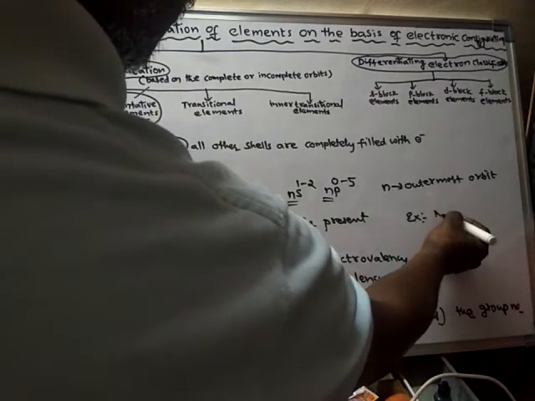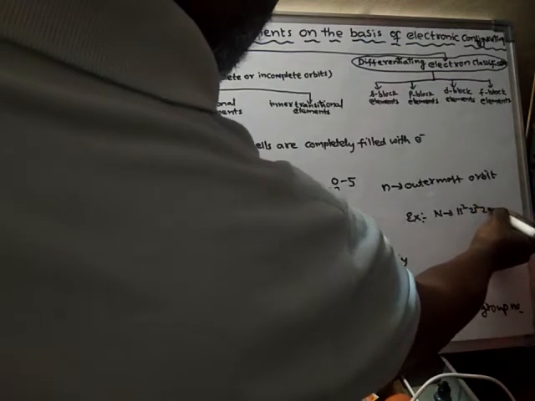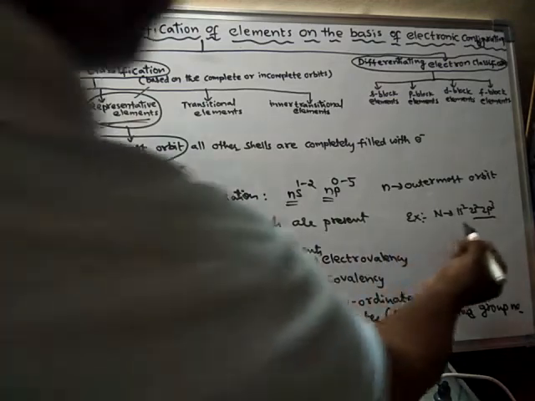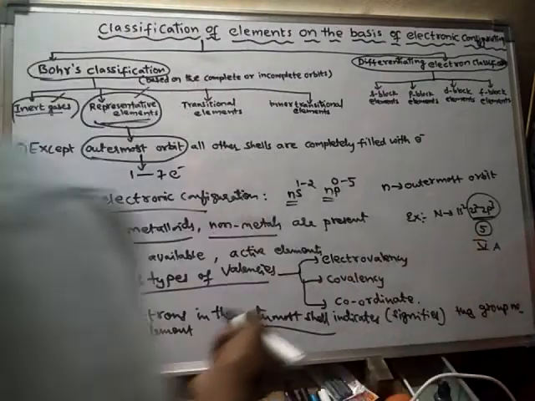Example, take nitrogen. In nitrogen, 1s2, 2s2, 2p3. How many electrons are there in the outermost shell? There are 5 electrons. Hence it is said to be a fifth A group element.